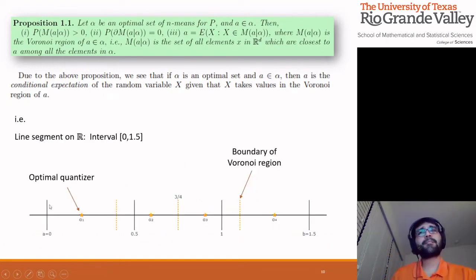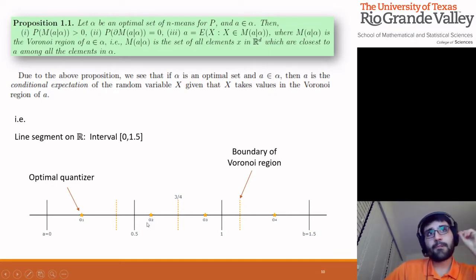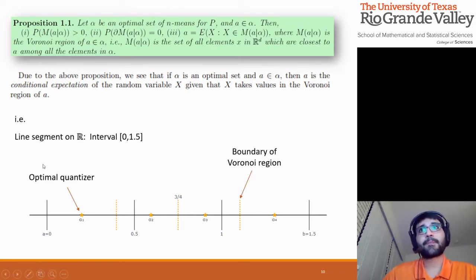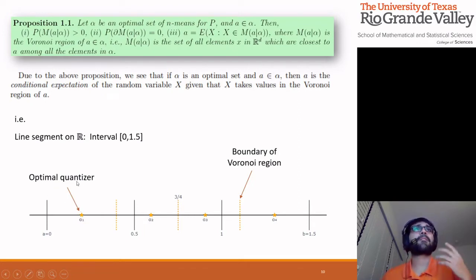So this is how I am going to represent the Voronoi regions and the quantizers on that line segment. In my research, I'm going to be considering the interval from 0 to 1.5, and I'm going to use these orange stars as the optimal quantizers, calling them just quantizers or points.